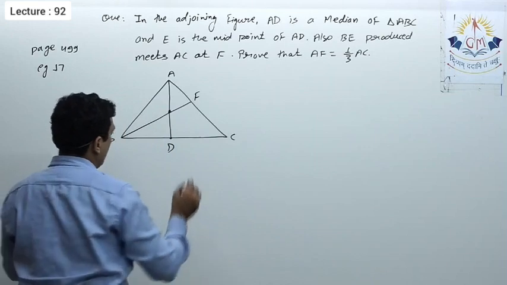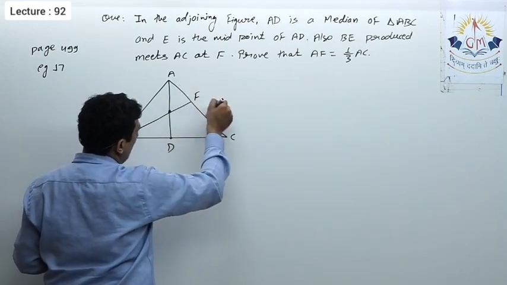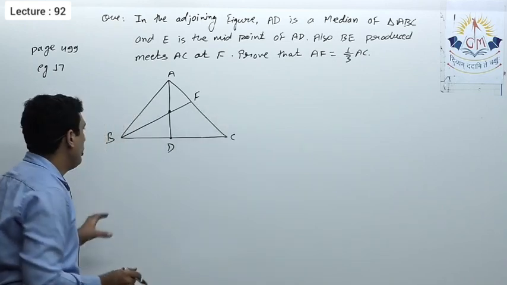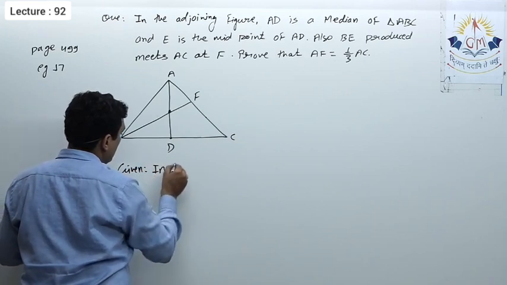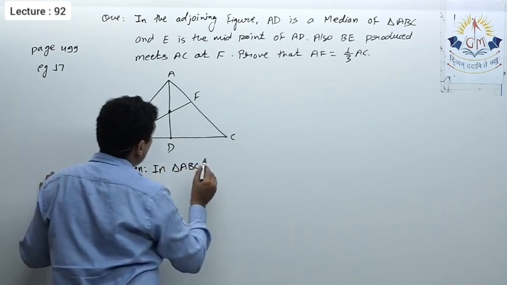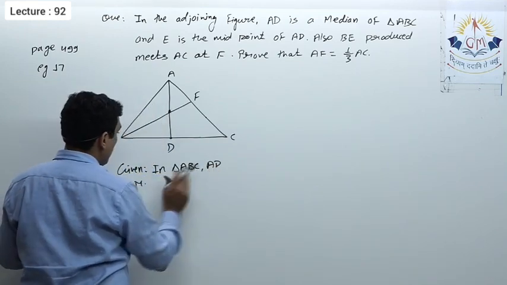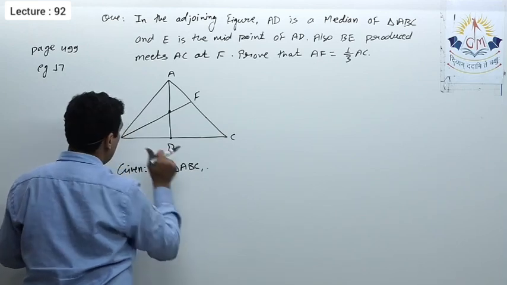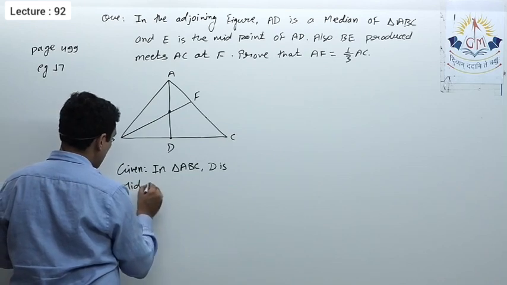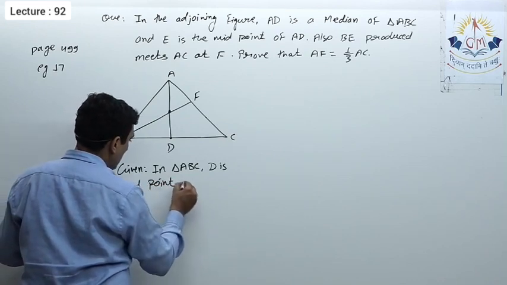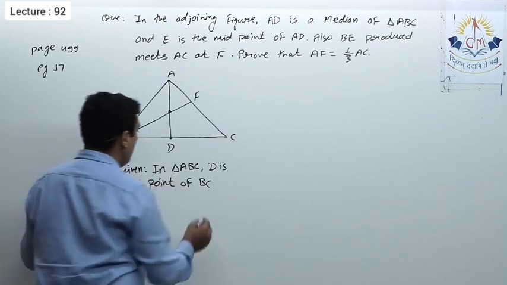So we have to prove AF equal to 1/3 of AC. In other words, if I have one more point Q, so AF equal to QC, that we have to prove. So given, in triangle ABC, AD is a median, or in other words, D is the midpoint of BC.